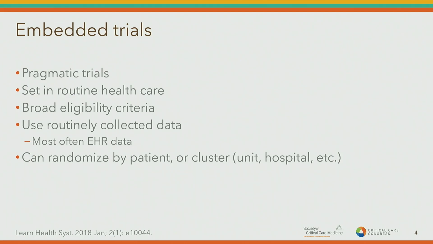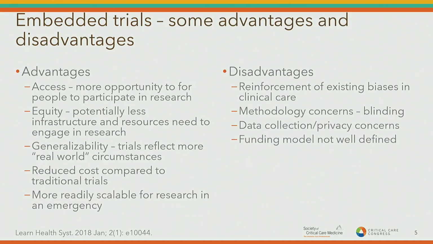And fascinatingly, you can do different trial designs with embedded trials, right? You can randomize by patients. You can do observational trials clearly with this. You can do cluster randomized trials, and Michelle showed some examples of the fluid trials, right, of cluster randomization to balanced crystalloids versus normal saline for resuscitation. So cluster randomization by unit or hospital or whatever unit you choose.